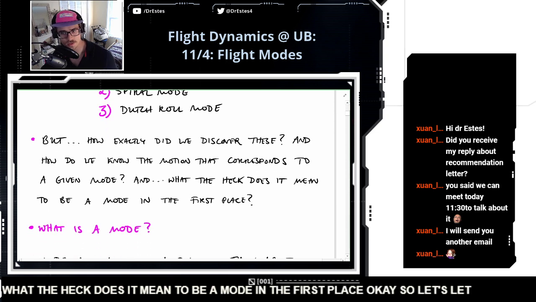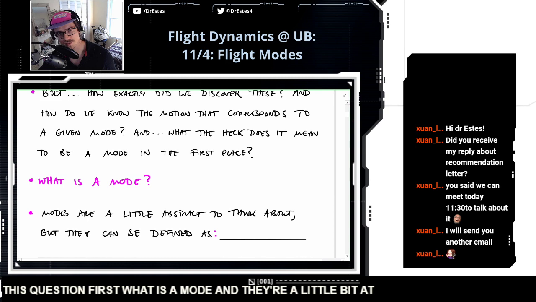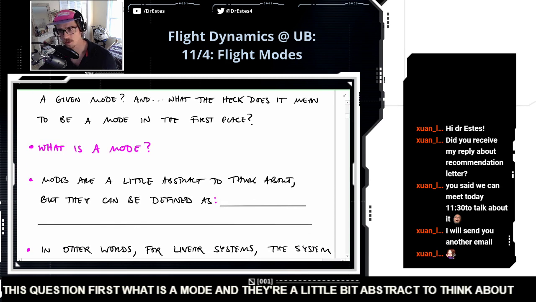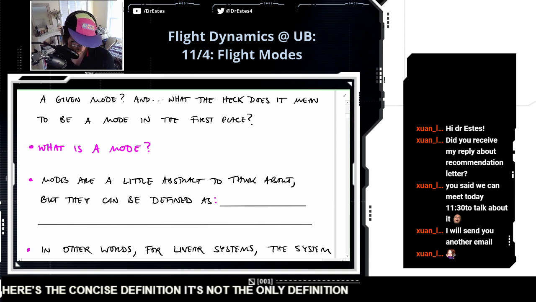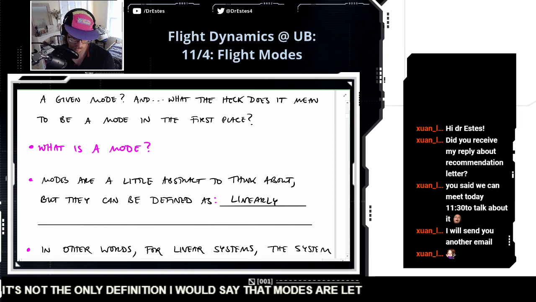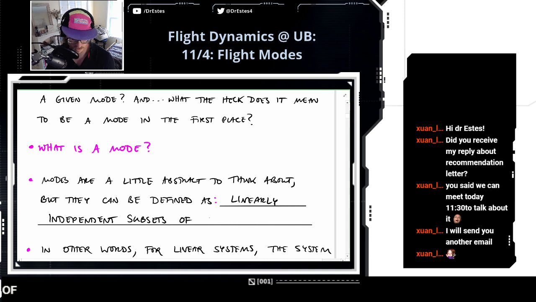Okay, so let's answer this question first. What is a mode? They're a little bit abstract to think about, but here's a concise definition. It's not the only definition. I would say that modes are linearly independent subsets of the system dynamics.